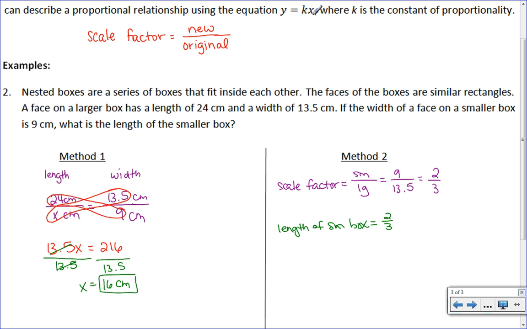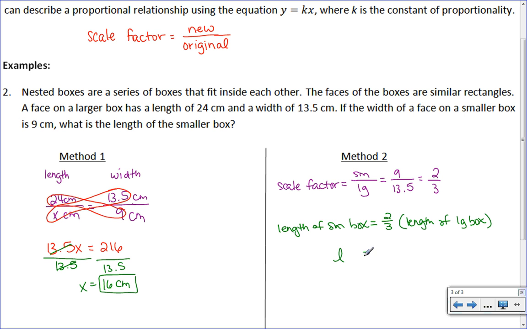So in this case, x is the length of the larger box. Okay, so the length of the small box we don't know.